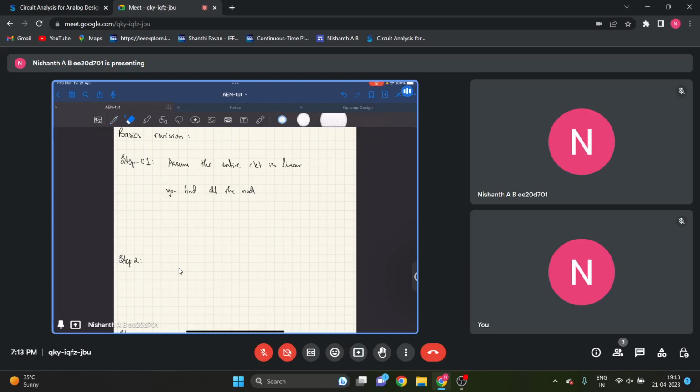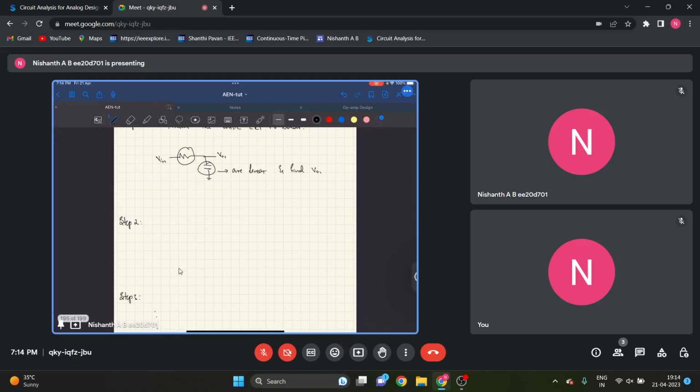You find basically all the output voltages and call it VO1. For example, as discussed in class, you basically take an RC filter. You have a certain input and you get a certain output. Assume that each of these elements is linear and find VO1. Okay. Second step is you basically connect the input to 0.